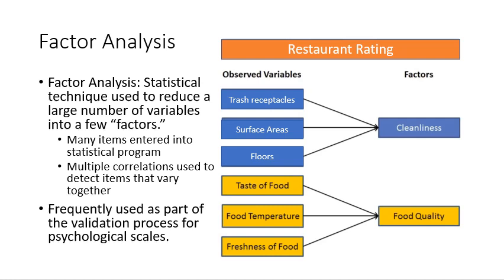They used a factor analysis, but instead of having things like trash receptacles, surface areas, and floors, they would have statements like, I tend to feel good about myself, and I like myself, and I'm happy with the way I am. And maybe those 3 items would go together to form a factor called self-worth or something like that.